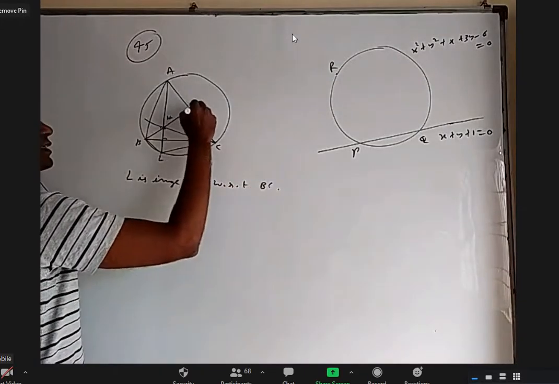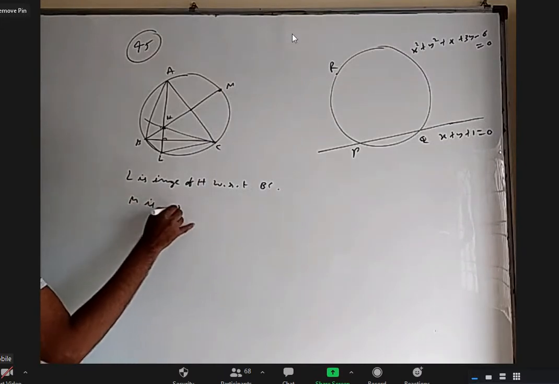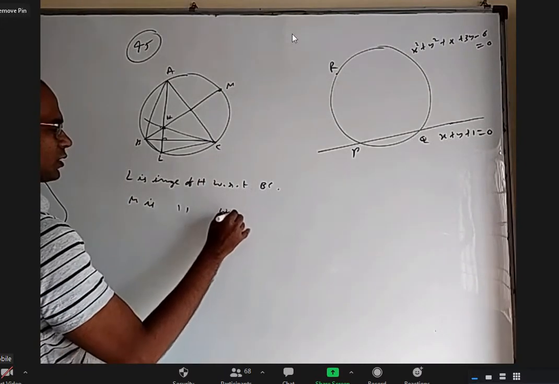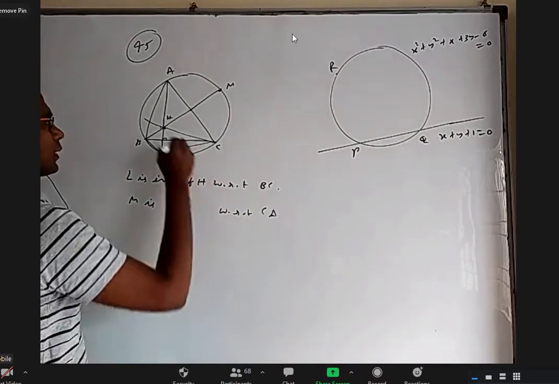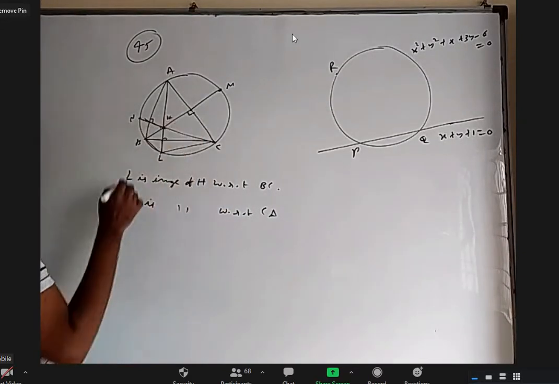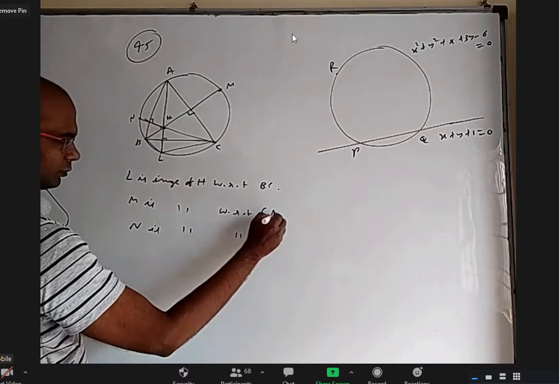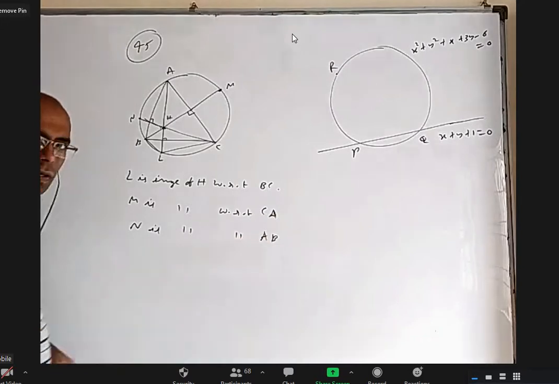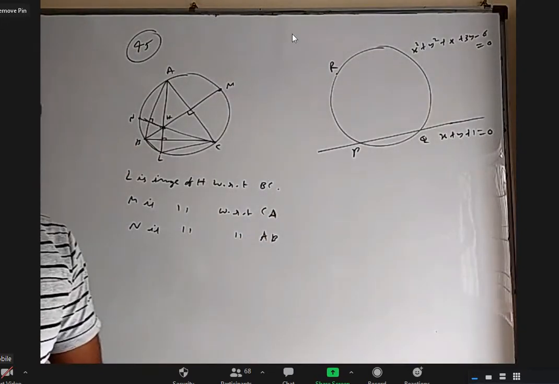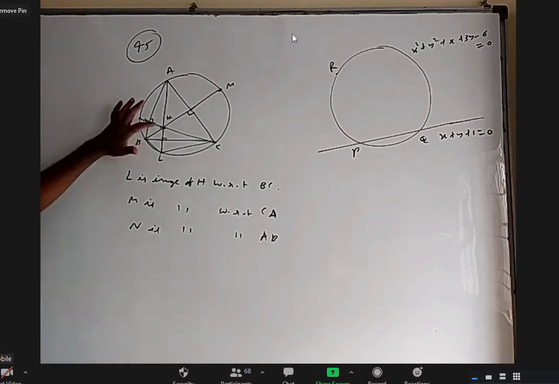Similarly, if you extend this one, if this is some M, M is the image of H with respect to CA. And this is N. N is the image of H with respect to AB. Okay, all of you remember this, right? Yes, sir.